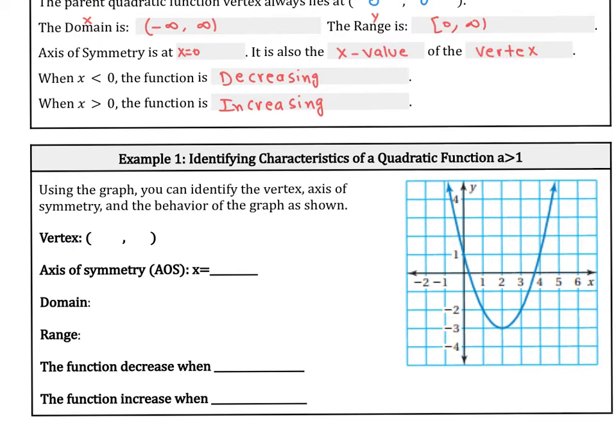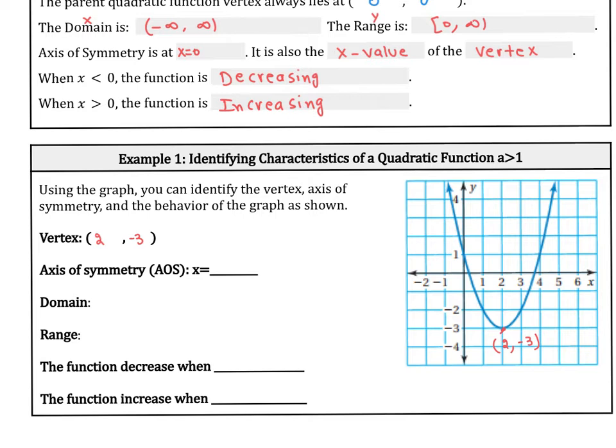The vertex is the point where the parabola starts, and that is going to be this point. The point here is 2 comma negative 3, where the parabola is starting.